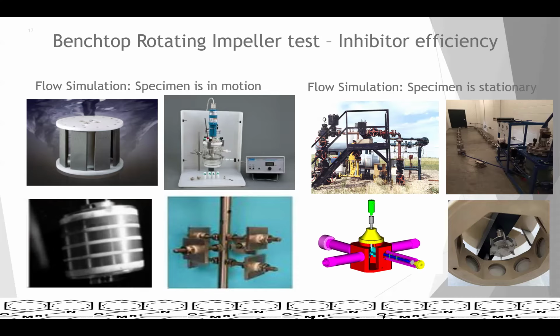For those who are comfortable in using specimens that are in motion, they can use this set of experiments. Especially, we will be standardizing rotating cage and rotating cylinder electrode, 1 liter, 1 liter. For those who want to specifically use flow simulation with stationary coupon, the benchtop rotating impeller test will be valuable. That is the reason why I picked up the rotating impeller test as one of the methodologies for standardization.